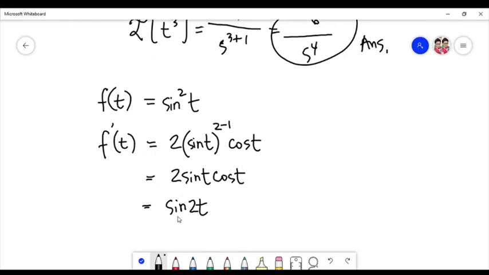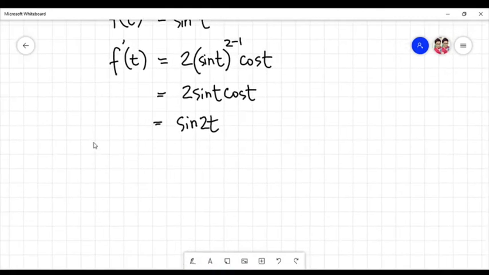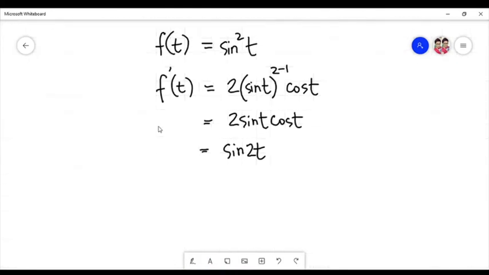As we can see, the first derivative can be solved using the fundamental formulas of Laplace transforms. Then we can stop with the first derivative. So therefore, we can use the first derivative.